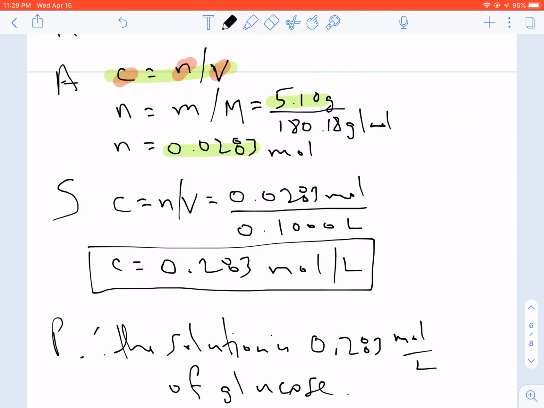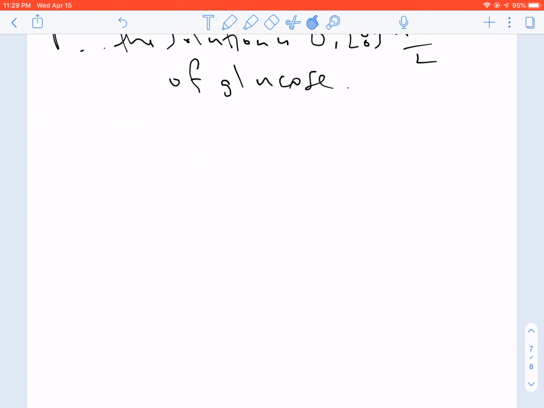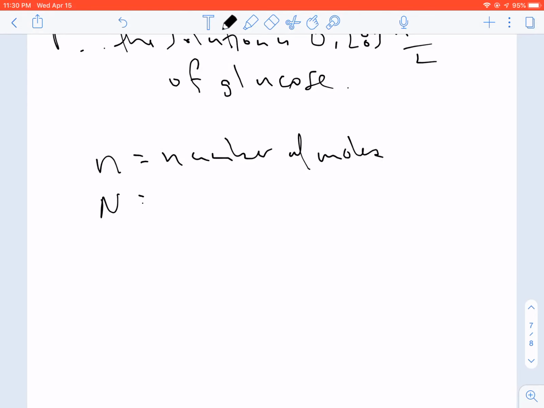Again, maybe the trick to this whole thing, or part of the trick, is going to be keeping our letters straight, right? What are our letters? Let me just scroll this up a little bit here. Okay, so I know that little n is the number of moles. Big N is the number of particles. We've got little m, which is the mass in grams.